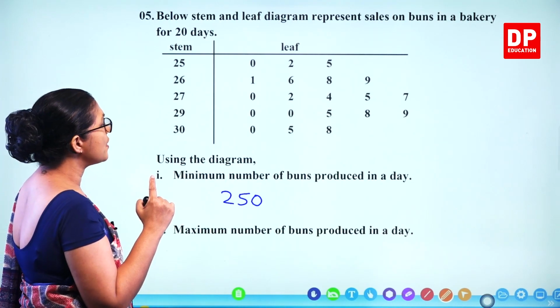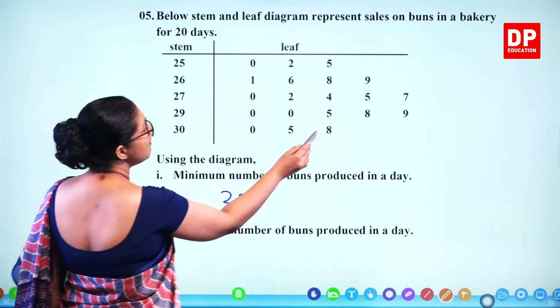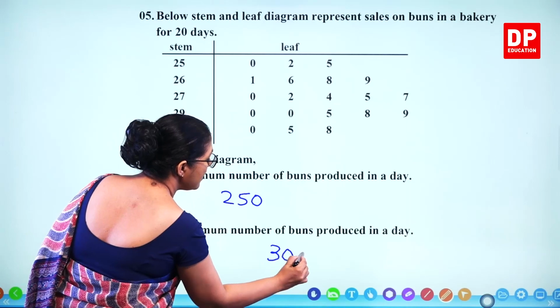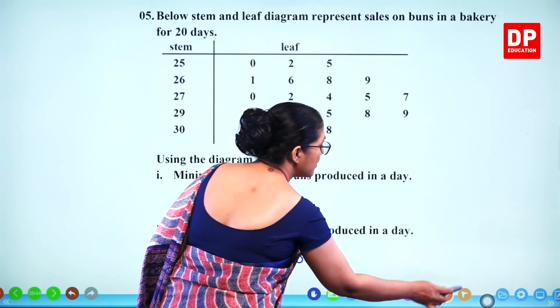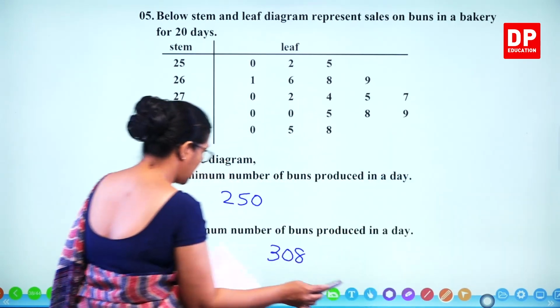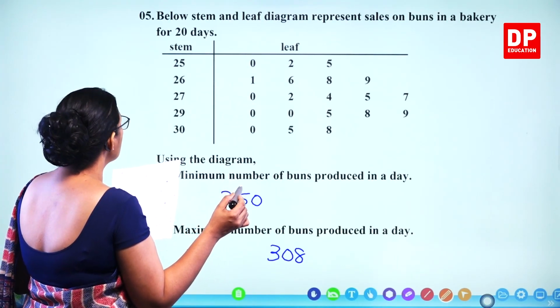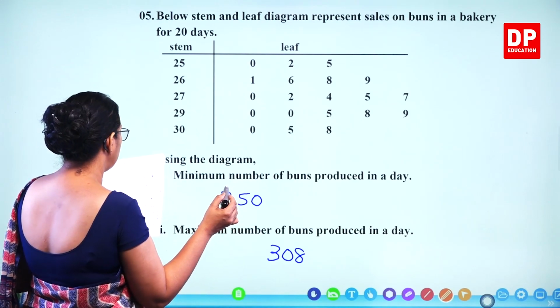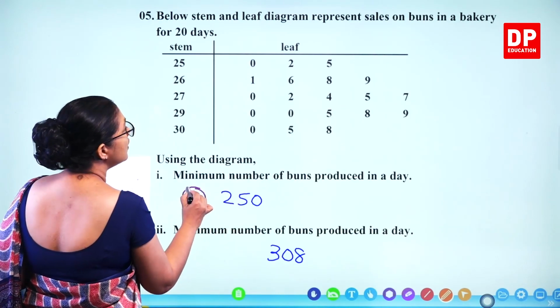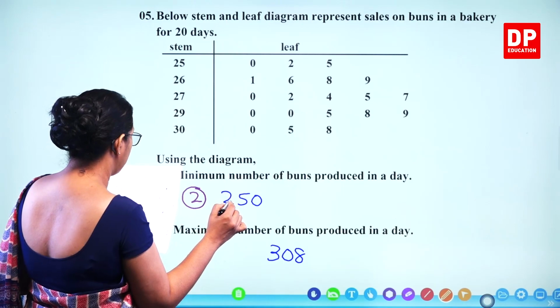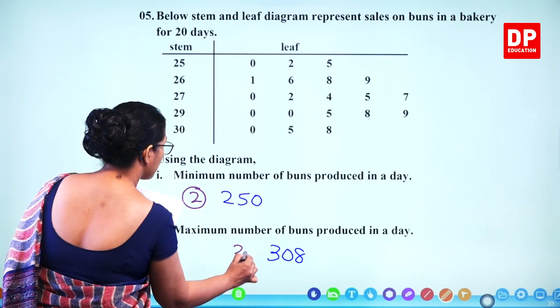Maximum number of buns produced in a day. 30 with 8. 308 buns. So how many marks are you getting for these two? 250, you get 2 marks. And 308, 2 marks.